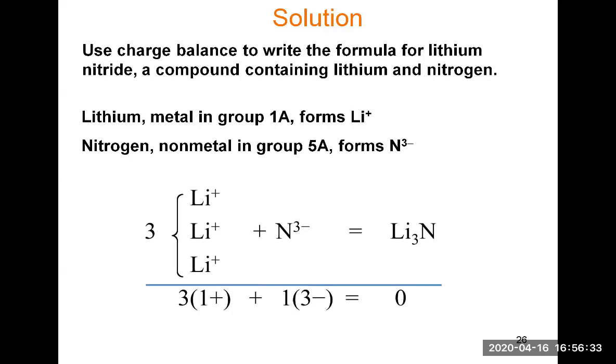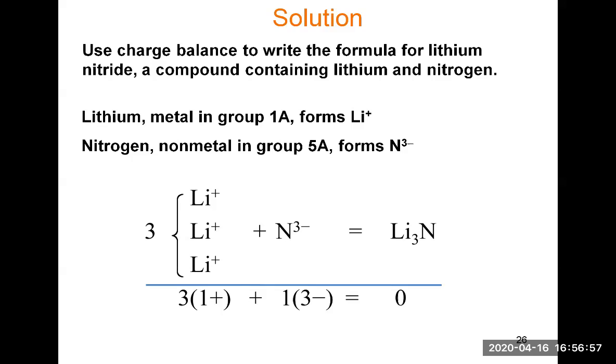And you can also verify that this is correct by checking that you cancel all charges. So we have 3 lithium plus. The 3 as a subscript after lithium says it's 3 lithium. Lithium carries 1 positive charge. So it's 3 positive charges in total.